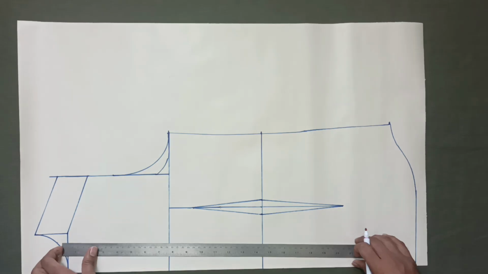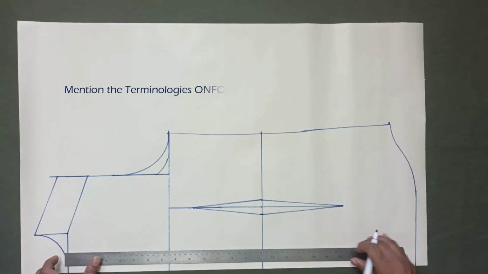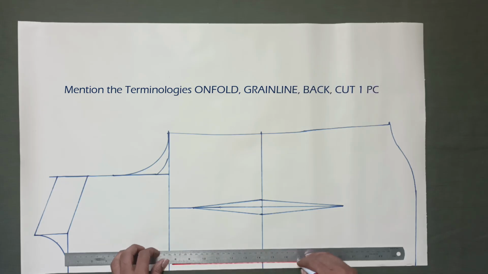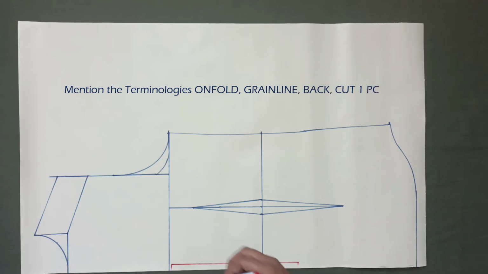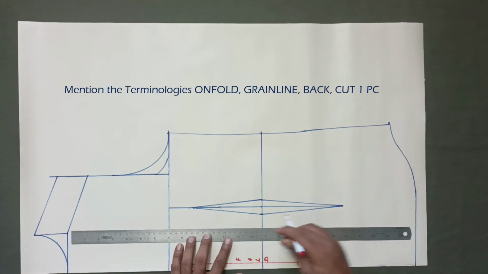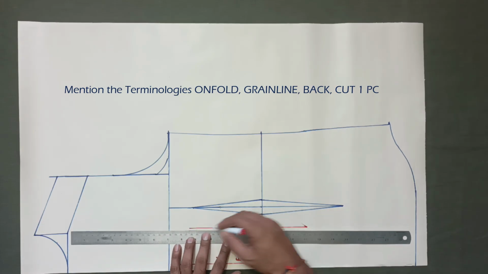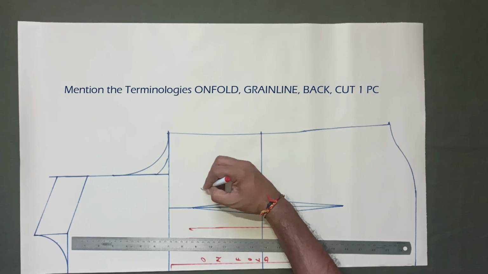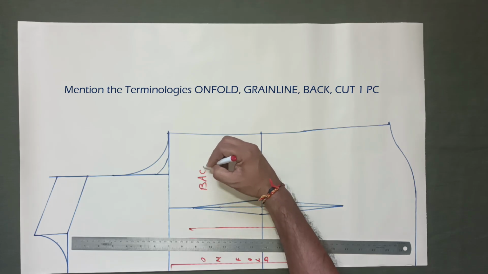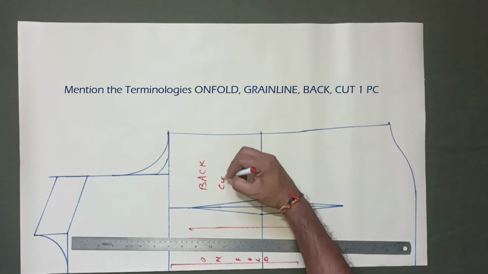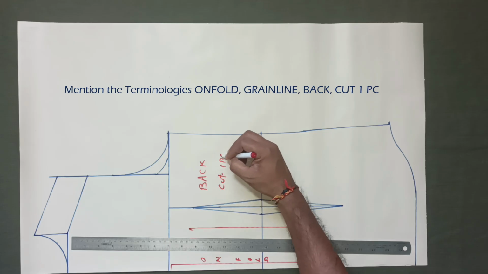Once you complete it, make sure to mark the terminologies, that is unfold, grain line, back, cut one piece.